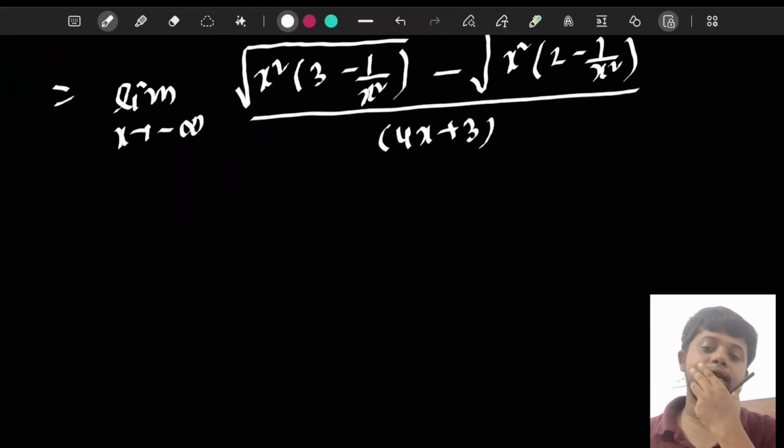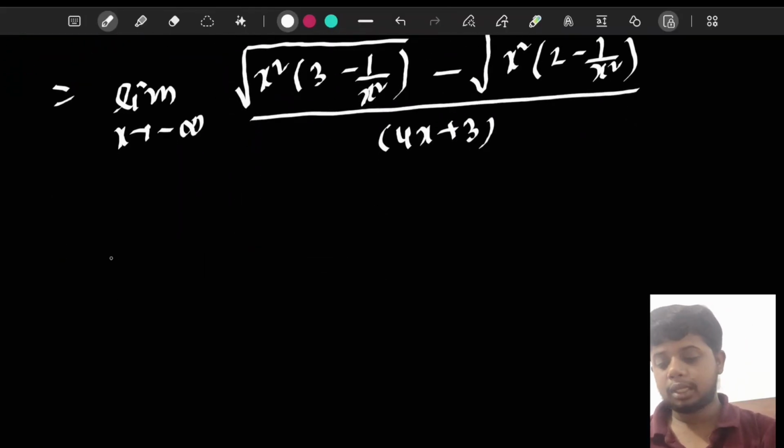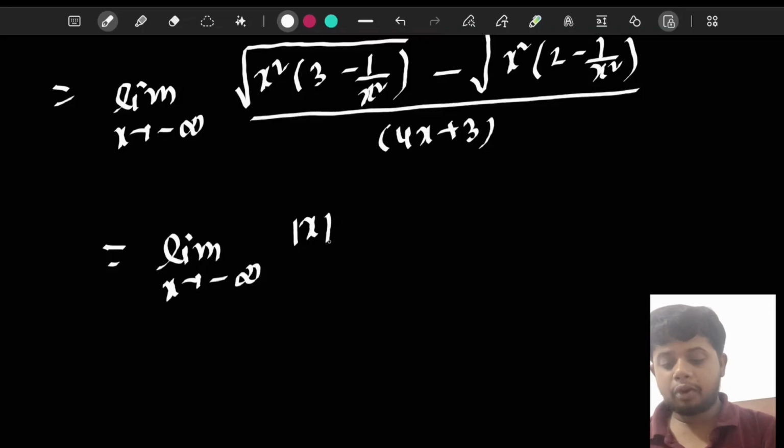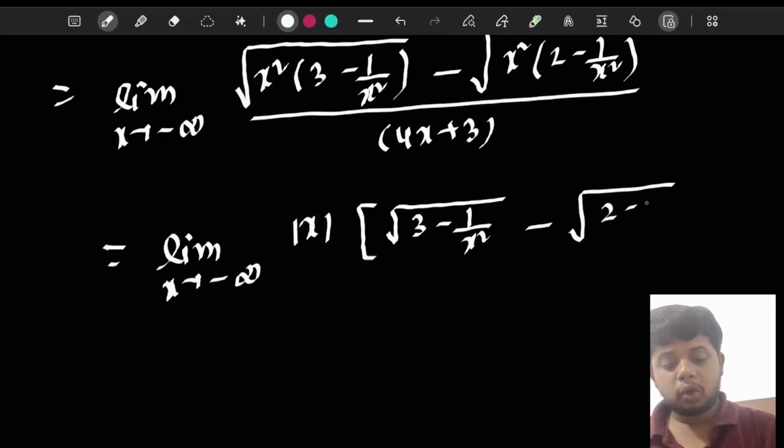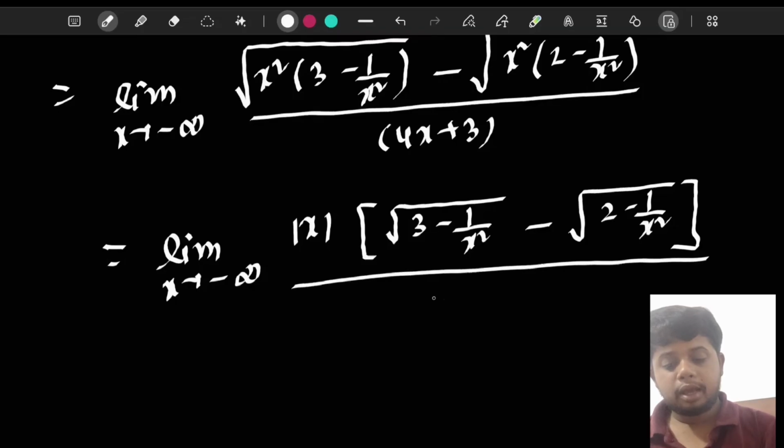Now x square under root is what? Mod x. So it will come limit x tends to minus infinity, mod x, times root of 3 minus 1 by x square minus root of 2 minus 1 by x square, divided by 4x plus 3.